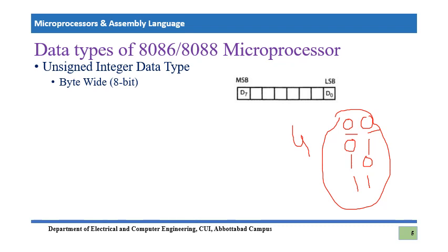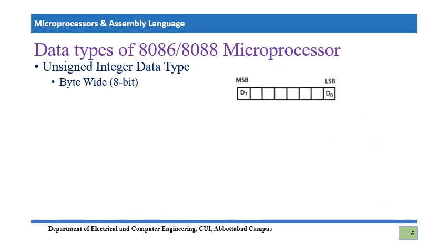Now let's consider the same thing. Let's say we are going to deal with 3-bit information. Then the very first number is 000 and it will range up to 111.